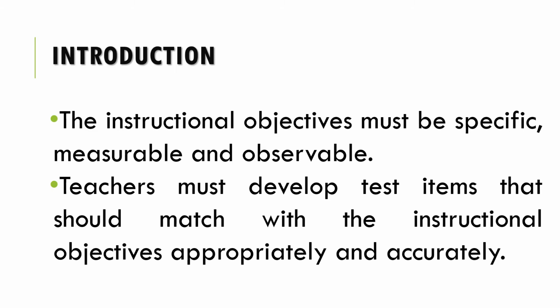Yes, we really have to. That is why if we are going to construct our test item, the teacher should go back to the instructional objectives, because the one who will dictate the tenor or the mode of your assessment will be stated in your instructional objectives. So what is written here is: instructional objectives appropriately and accurately.